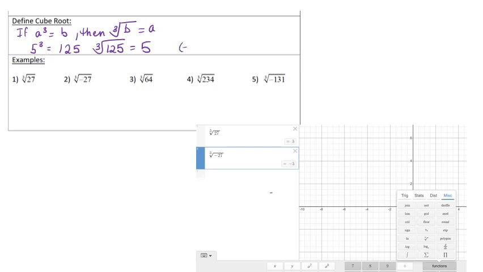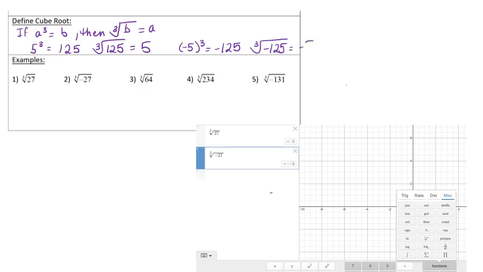Here's another interesting fact. Negative 5 cubed, a negative times a negative times a negative is a negative, is negative 125. Whoops, I'm giving away the ending. Hold on. Is negative 125. So the cube root of negative 125 is a real number.